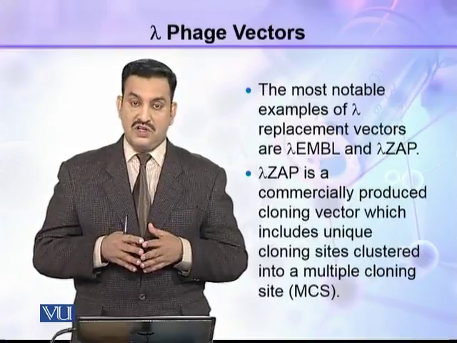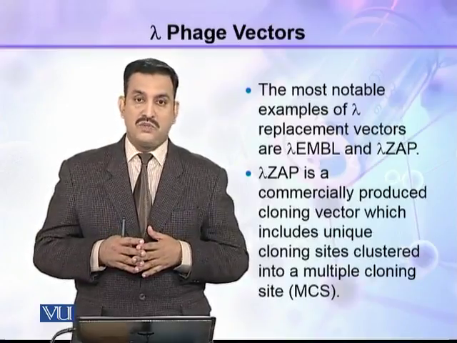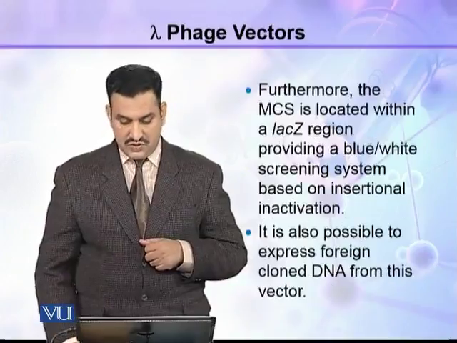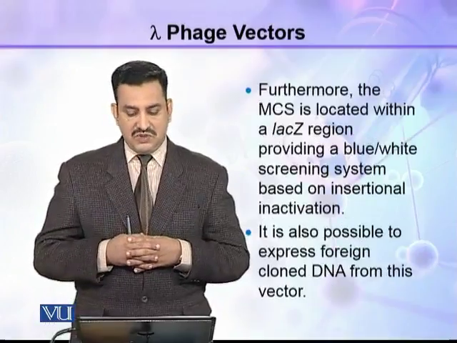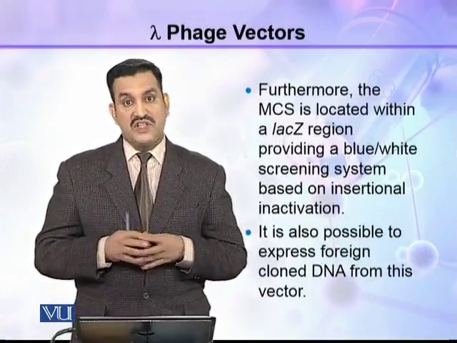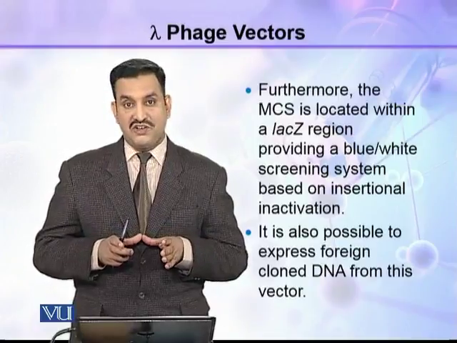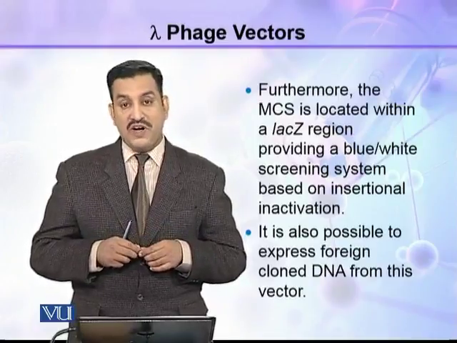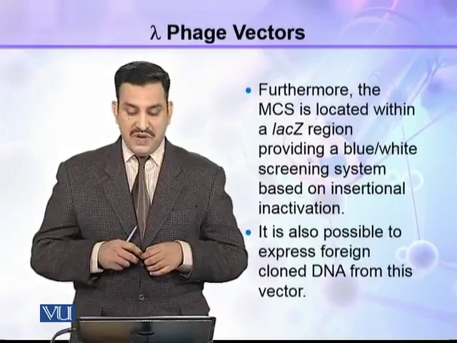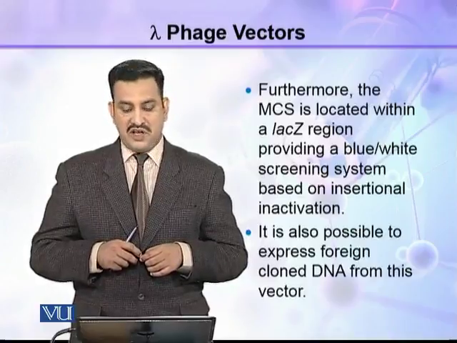So here in lambda ZAP there is also a multiple cloning site present. Furthermore, the MCS is located within a lacZ region, providing a blue-white screening system based on insertional inactivation.